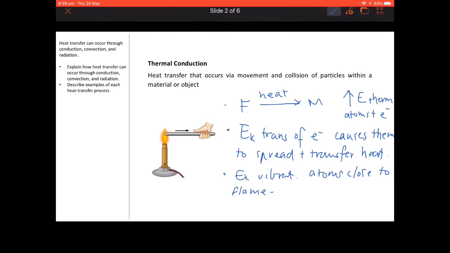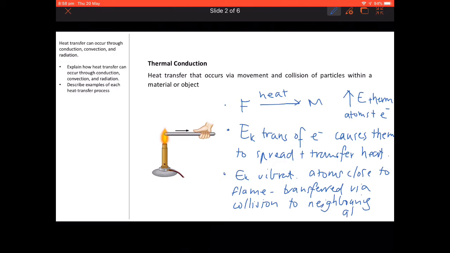And this is transferred via collision to neighbouring atoms within the metal rod. So that kind of explanation is what you'll need to be able to offer for these kind of processes.